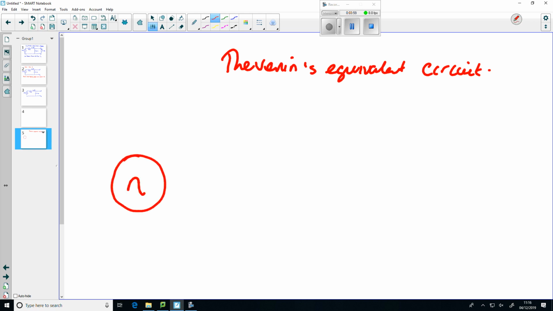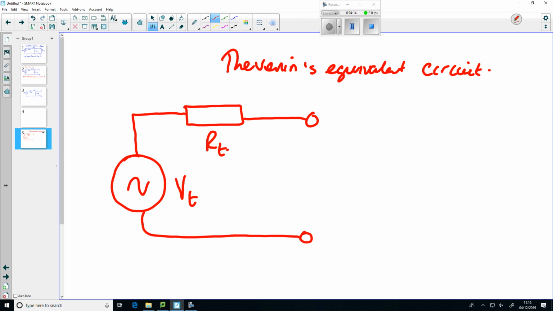It'll be an AC voltage of voltage Vt, a single series resistance of Rt, and our 2 terminals A and B. That part will replace the circuit we've got on the other page with the load resistor. So the Thevenin process is going through calculations to determine this voltage Vt and that resistance Rt.